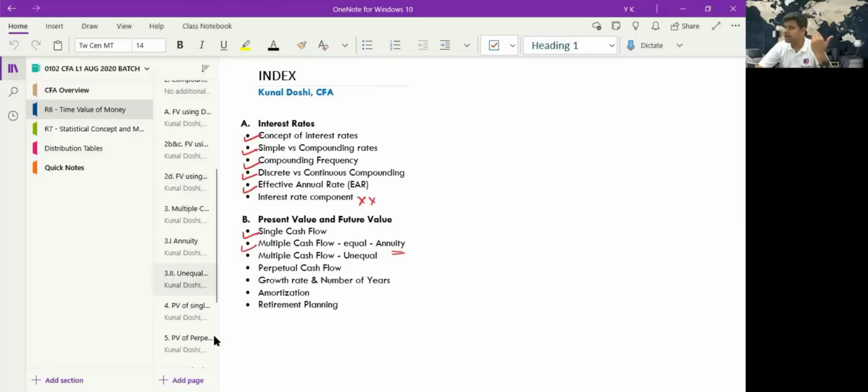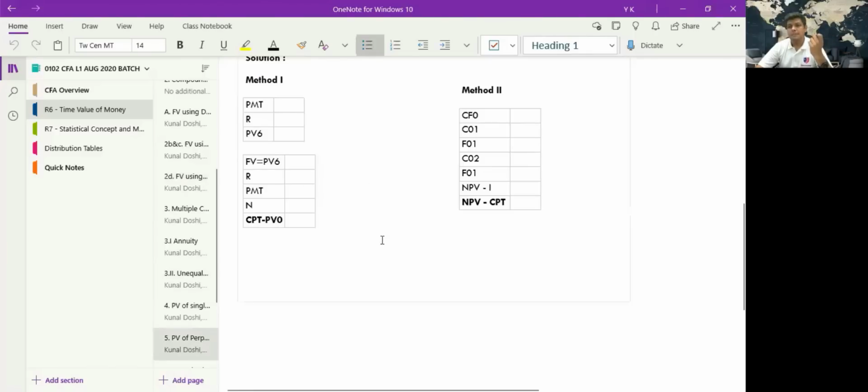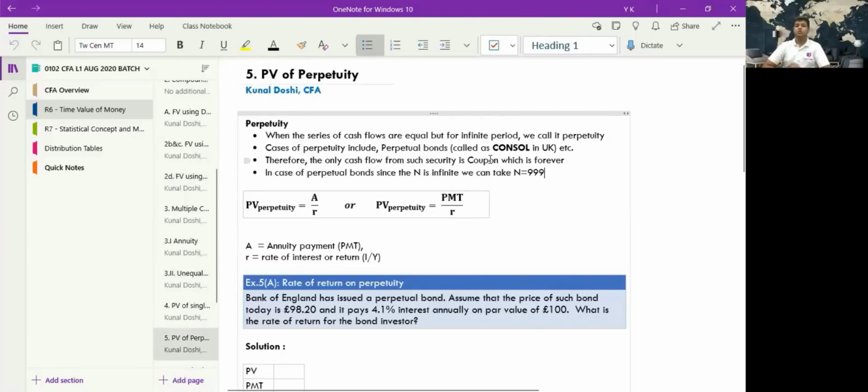Correct? Perpetual cash flow situation comes when you probably have invested in an instrument which pays you an amount forever. What is that? That's like a perpetual bond. A perpetual bond pays you coupon forever. Perpetual bond pays you interest forever, right?